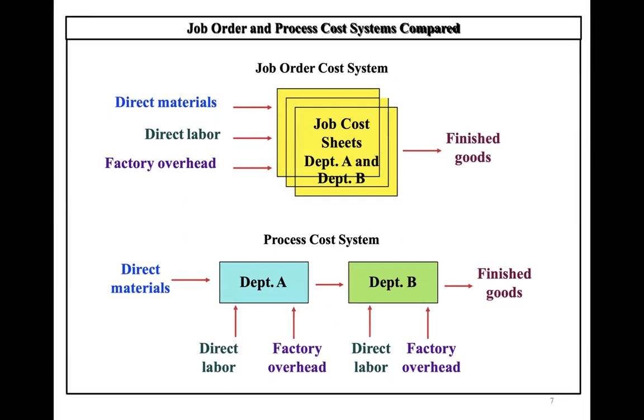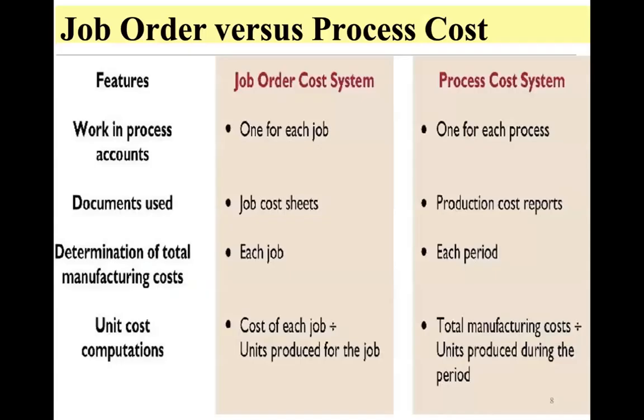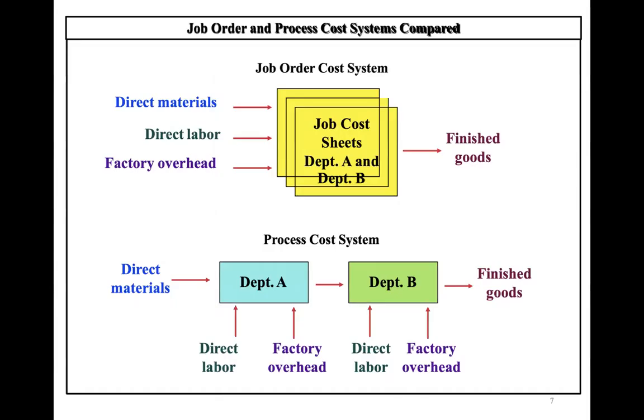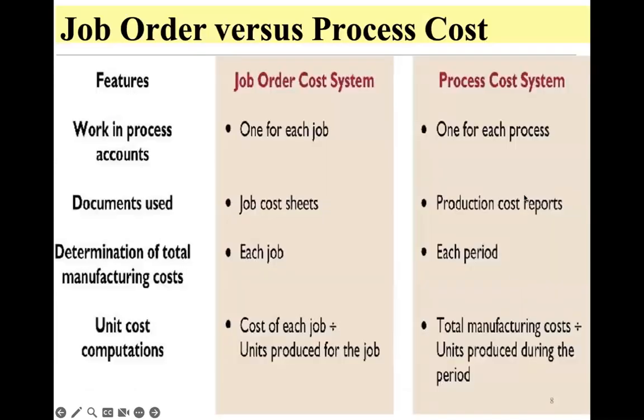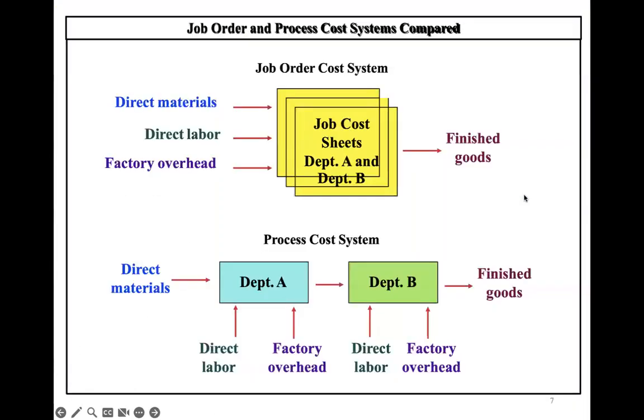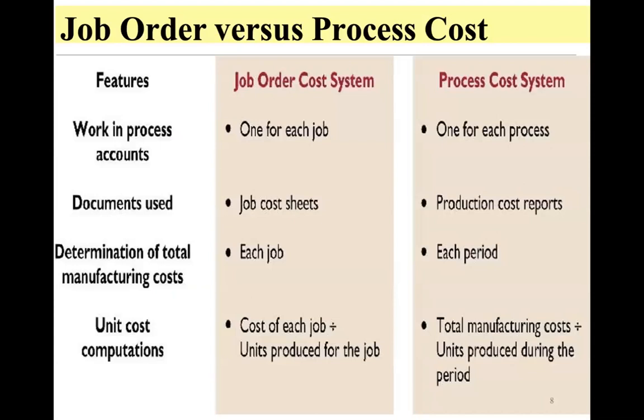We are giving direct material to maybe department A. Then they process and send whatever they complete, the work in progress, to department B, the process 2. Then direct labor and factory overheads are added to that particular process, and then we get finished goods. Clear? The next one.